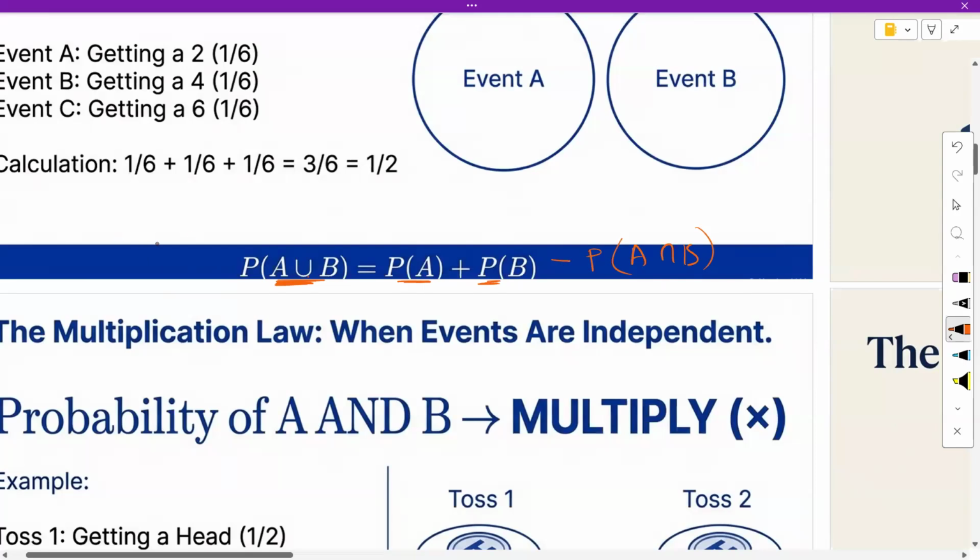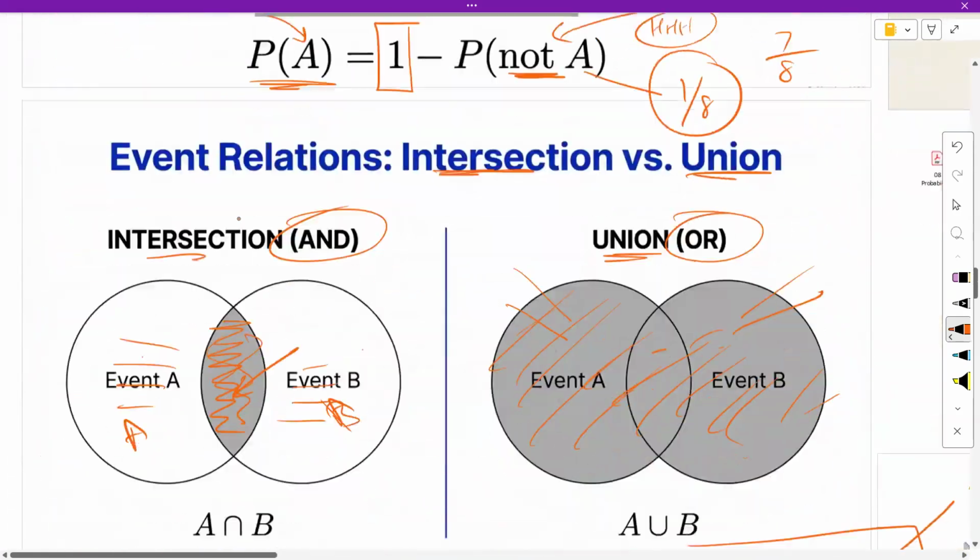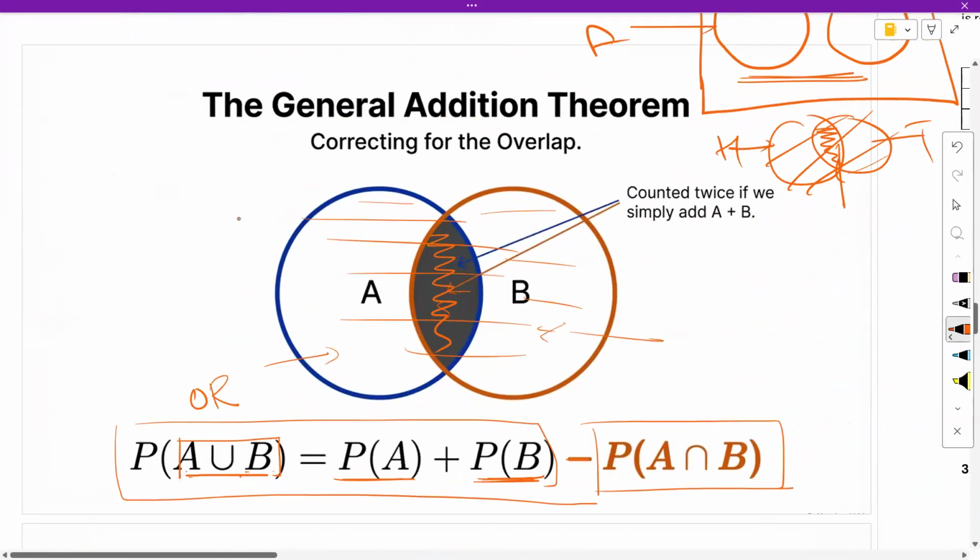So what's the difference when we use this formula and when we use that formula? Did you observe any differences between these two?